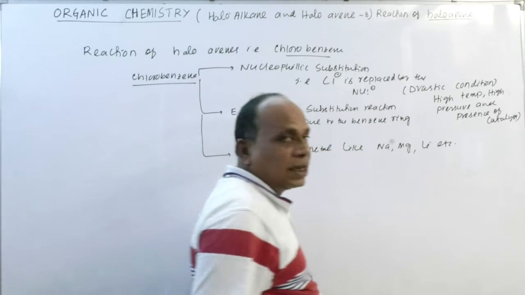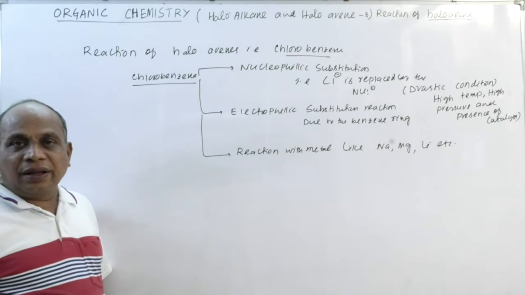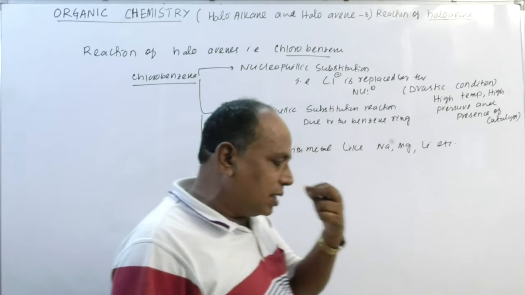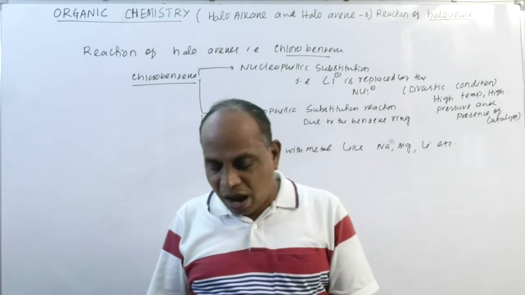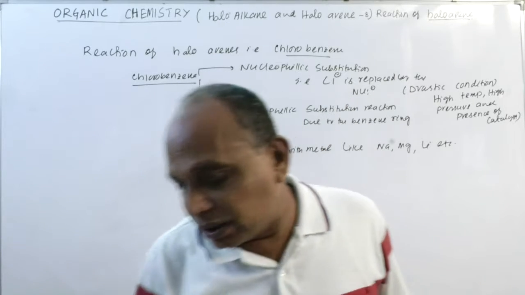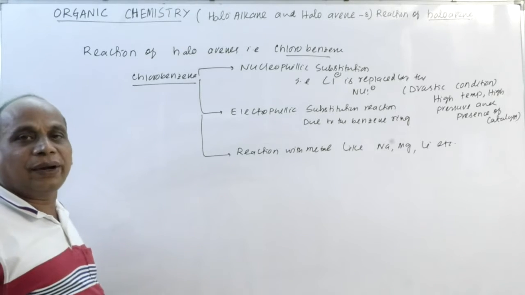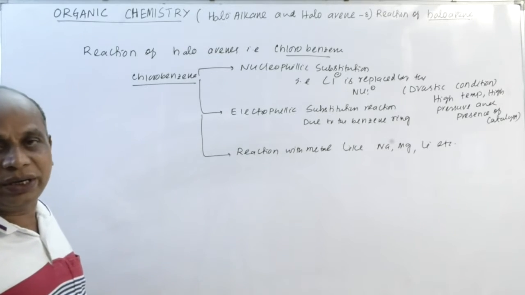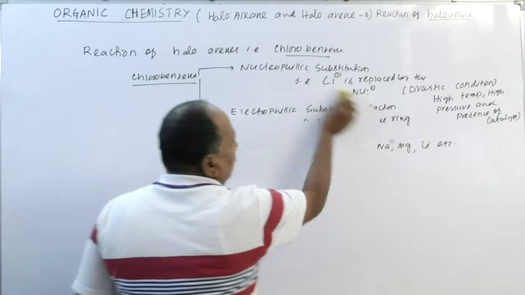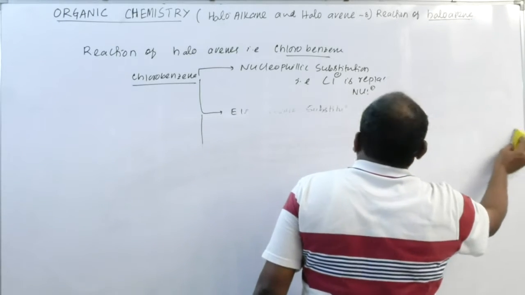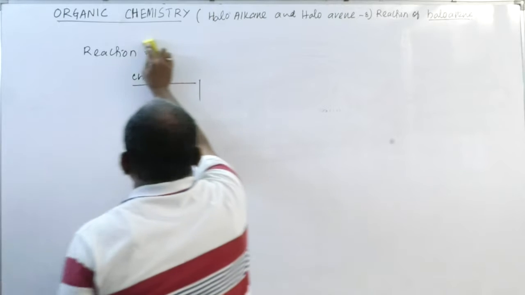This is called the drastic condition. And under this drastic condition, the chlorine atom of chlorobenzene gets substituted by a very strong nucleophile, not ordinarily any nucleophile. So, what is the nucleophilic substitution reaction of chlorobenzene?